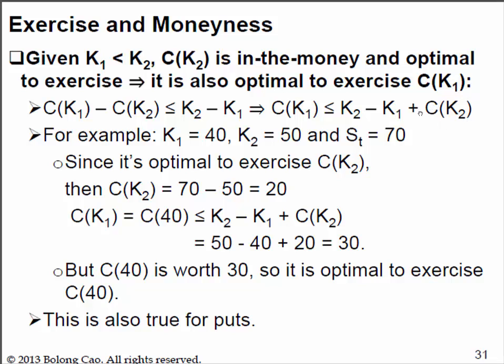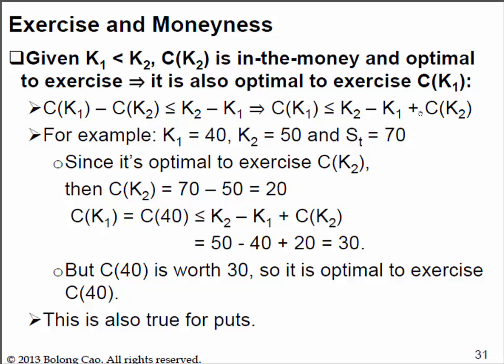Okay, so you have the difference in strike plus the high strike call premium. The sum is higher than or equal to the low strike call premium. In other words, the low strike call has an upper bound. The upper bound is the high strike call premium plus the difference in the strikes.